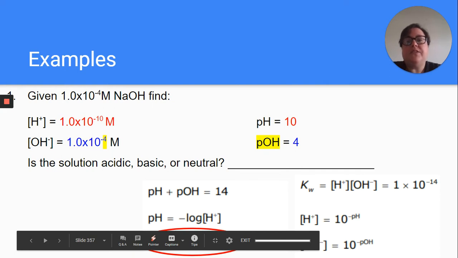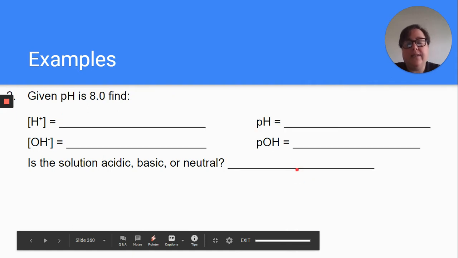To figure out if the solution is acidic, basic, or neutral, you have to look at the pH value. That's what we judge it on. So since the pH is 10, which is higher than 7, it's going to be basic. Remember, basic is when the pH is greater than 7. Let's look at another example.